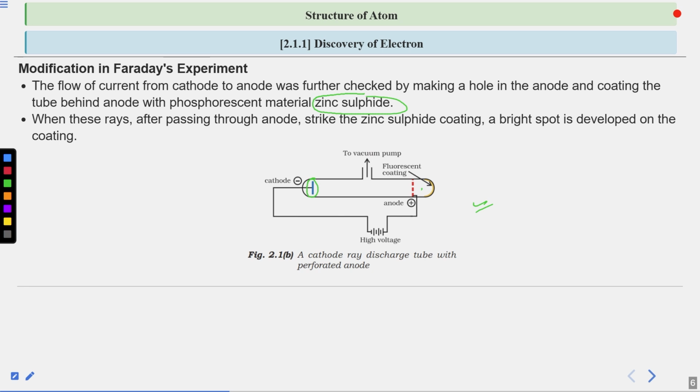So this glowing of your phosphorant material zinc sulfide indicated that there are some particles which are moving through this vacuum, and they are responsible for the flow of current. And this is being observed with the help of this fluorescent coating, which has a bright yellow color. Any doubt till this point? Anyone who has a doubt?